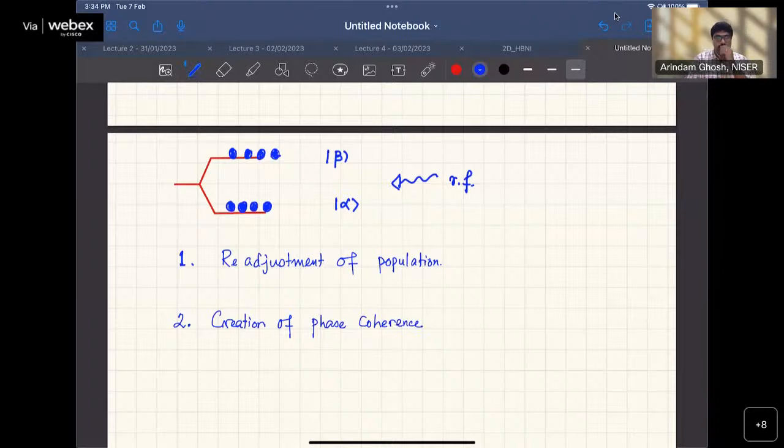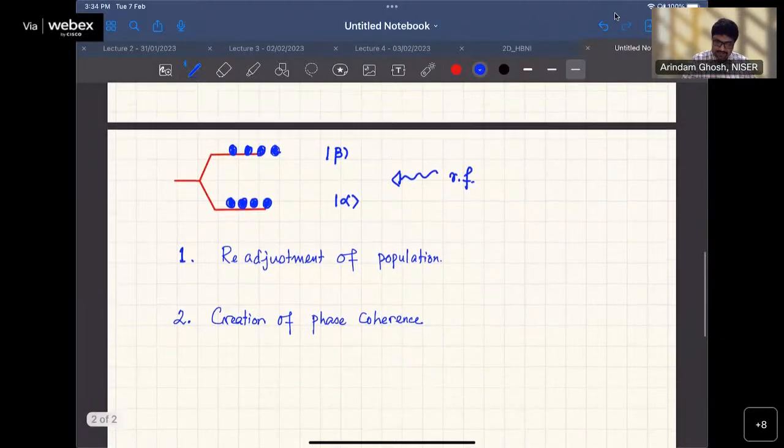This whole concept of phase coherence is very mathematical and quantum mechanical, which I'll try to avoid. I'll just give you some idea with pictures and maybe a little bit of math at the end. But what do we mean by phase coherence?